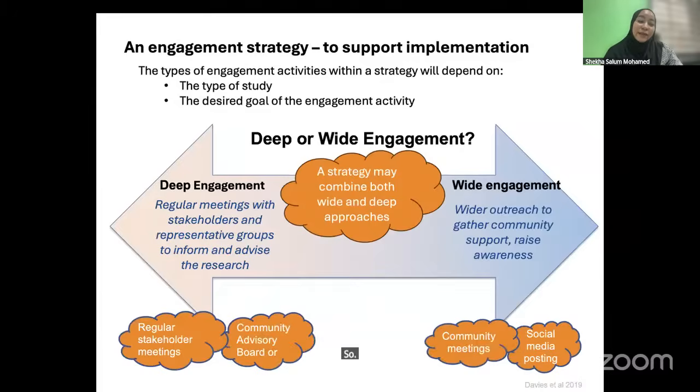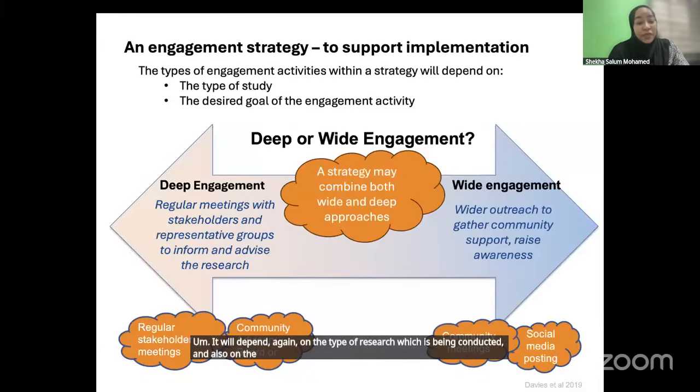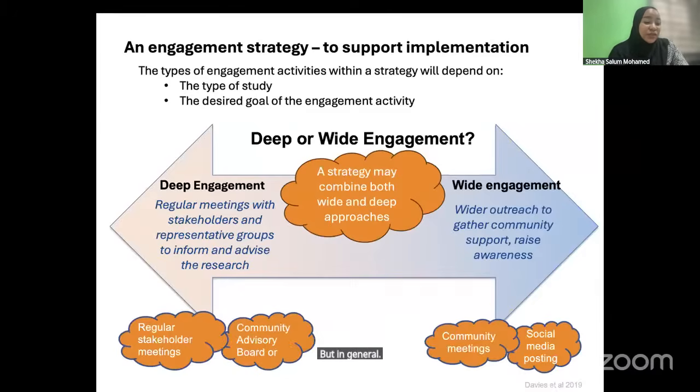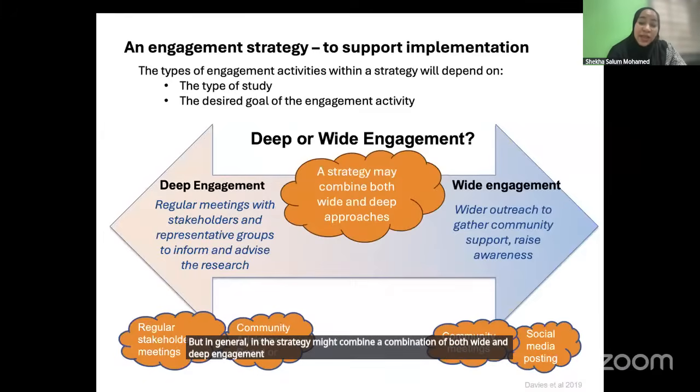So on the engagement strategy on supporting the implementation of this, it will depend again on the type of research which is being conducted and also on the desired goal of the engagement. But in general, the strategy might combine both wide and deep approaches.